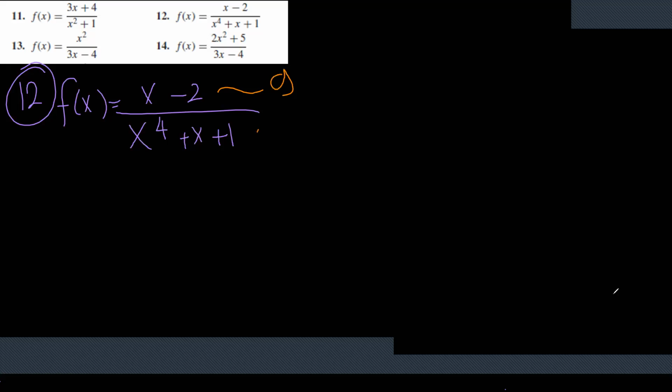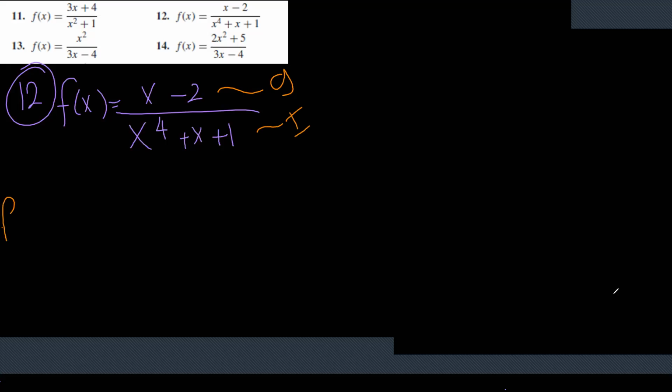Now let's do number 12. f of x is x minus 2 over x raised to the power 4 plus x plus 1. Let's name them g and h as an example.